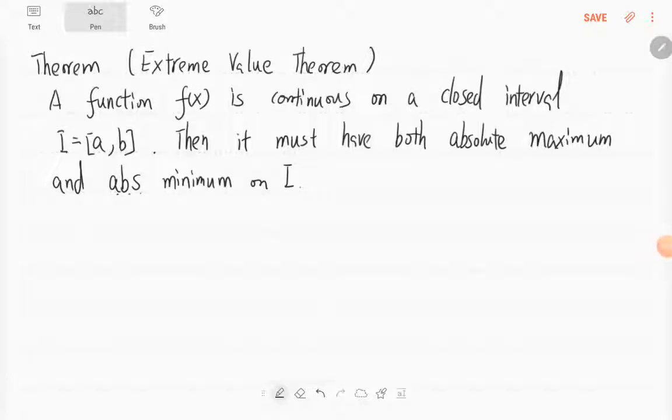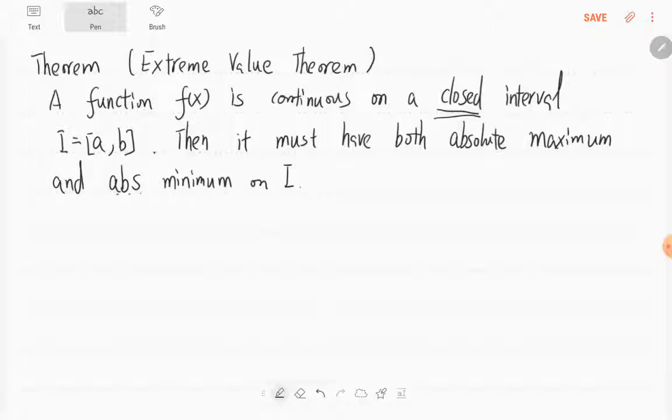So now let's look at this theorem, which is called the extreme value theorem, EVT. It says if a function f is continuous on a closed interval [a, b], then it must have both an absolute maximum and an absolute minimum on this interval [a, b].